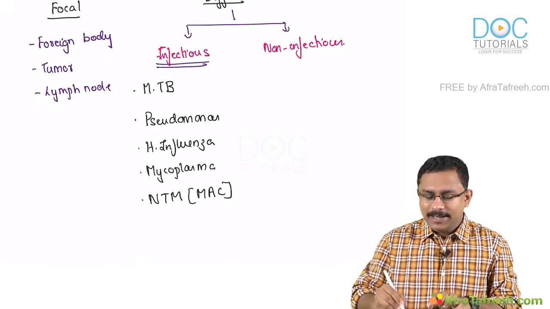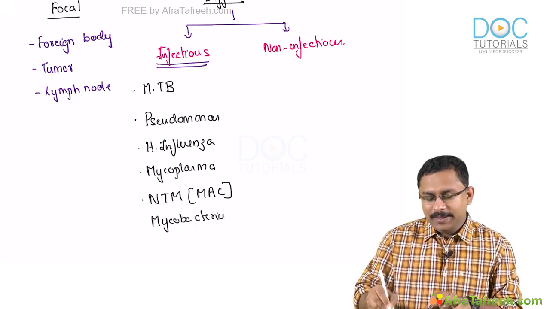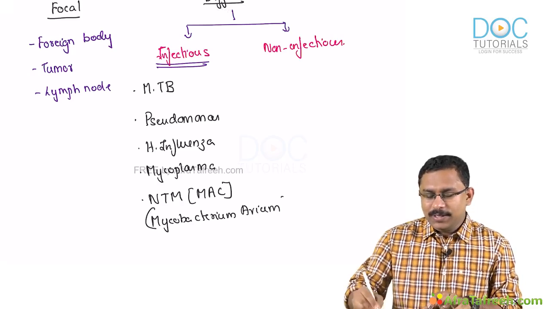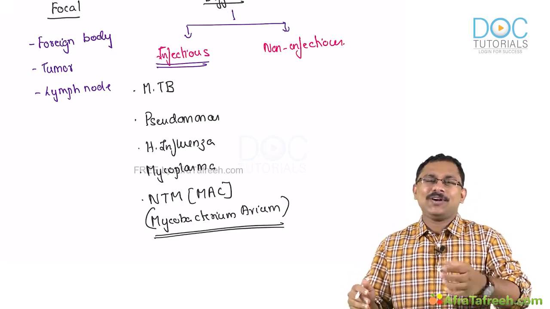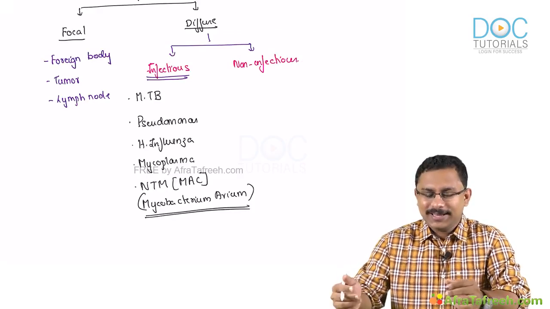What is MAC? Mycobacterium avium. So Mycobacterium avium also can cause a bronchiectasis. So these are the common infectious causes of bronchiectasis.